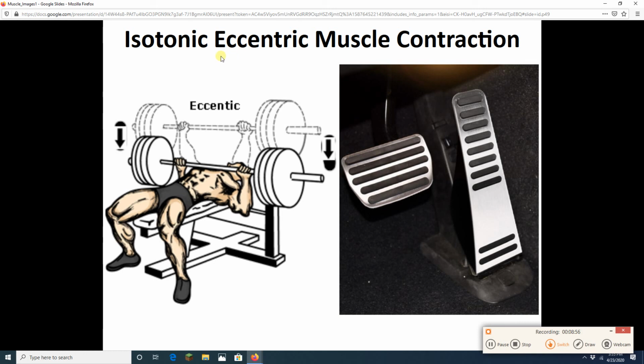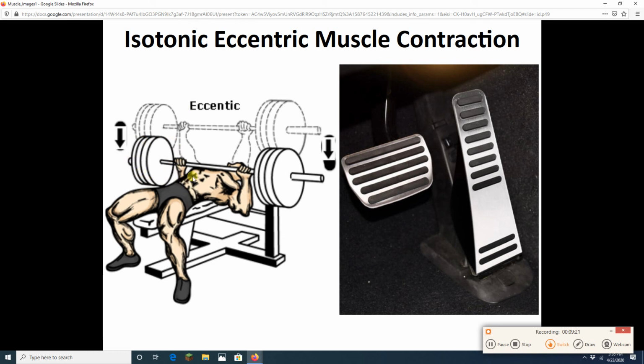If you did this with the bench press, like in this example here, you would feel your pectoralis major muscles. There we go, pec majors. You're gonna feel them stretching. They're stretching, but they're generating tension, an amount of tension that does not change.